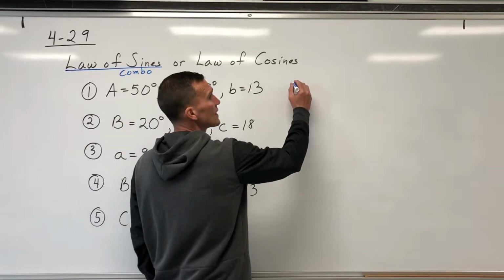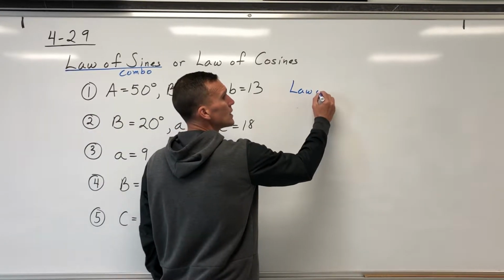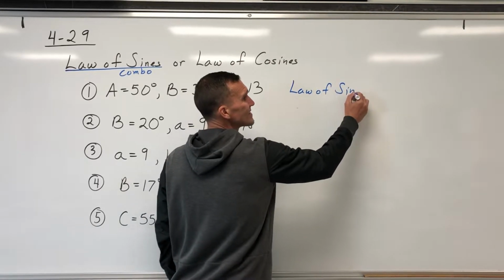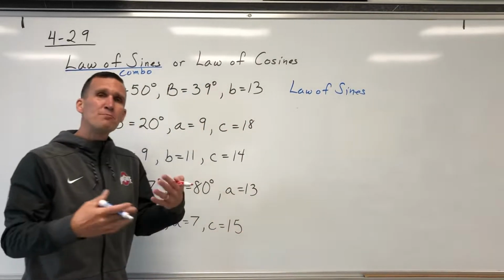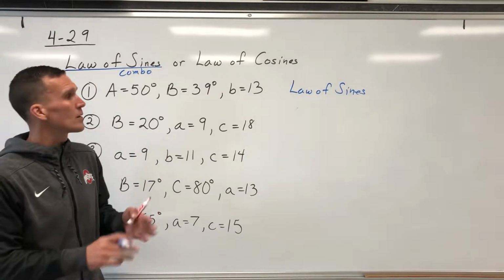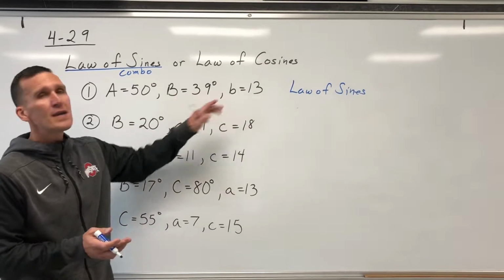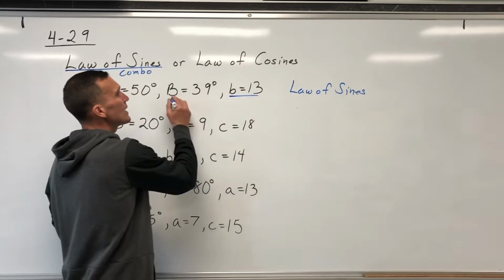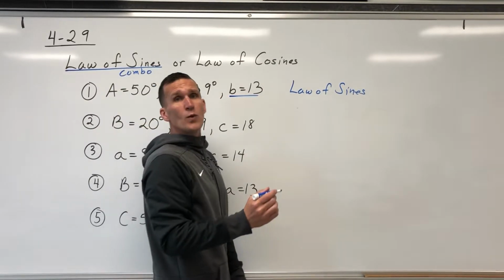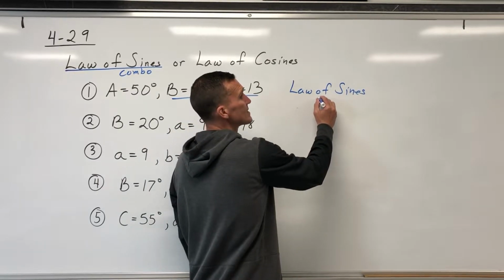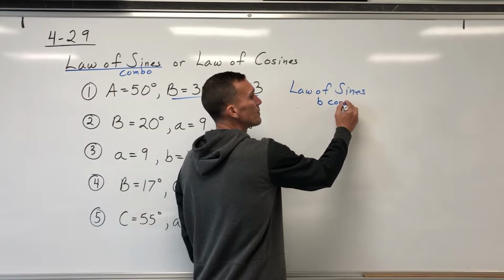So we're going to say that it's the law of sines, and you can say because, you could just put a comma, but basically at least tell me the combo that you have. I have the B combo. I got little b, I got big B. So the reason why I'm going to use the law of sines is the B combo is known.